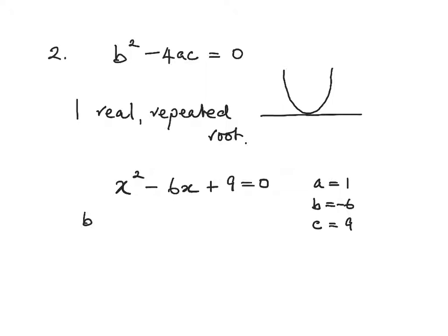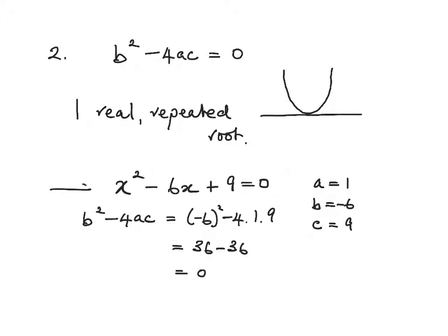So b squared minus 4ac is minus 6 squared minus 4 times 1 times 9, 36 minus 36 equals 0. So this function here then has one real repeated root.